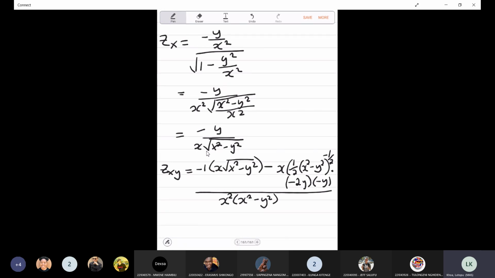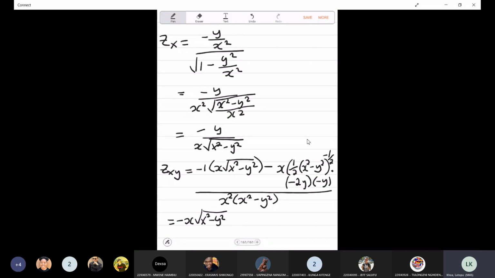Okay, now simplifying as far as possible. Okay, right, so here when we do that, we get negative x square root of x squared minus y squared. And here I have three negatives, negative, negative, and negative.